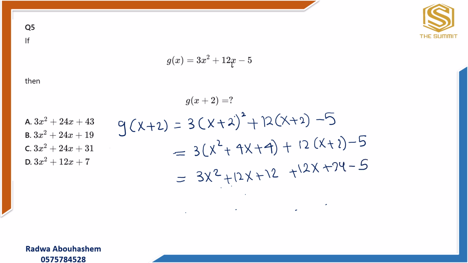Combine the like terms. So it would be 3x squared, 12x with 12x gives me 24x. And 12 plus 24 is, sorry, 36. 36 minus 5 gives me 31. So here's the final answer.